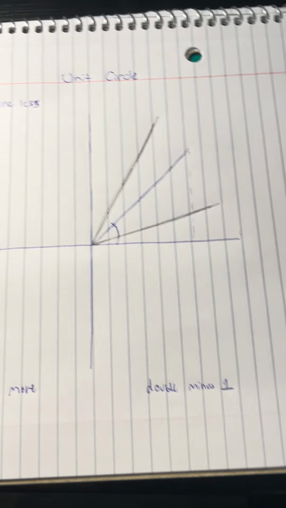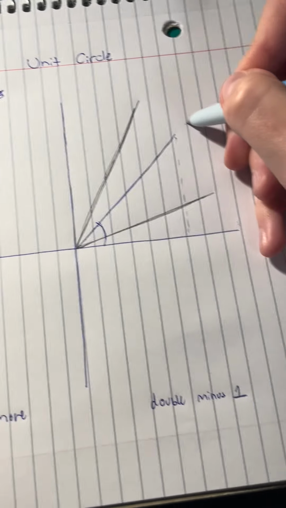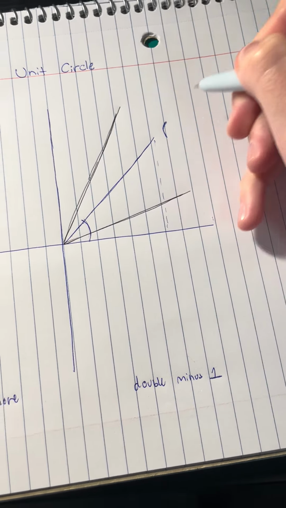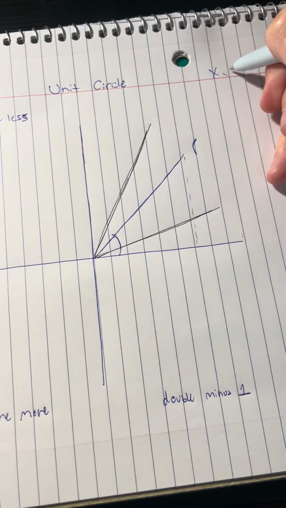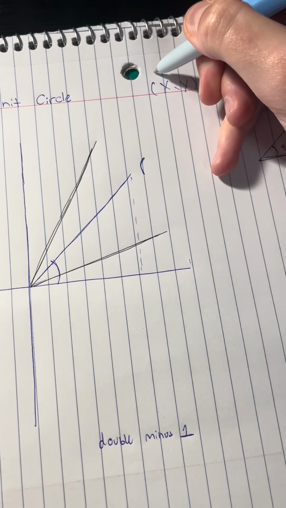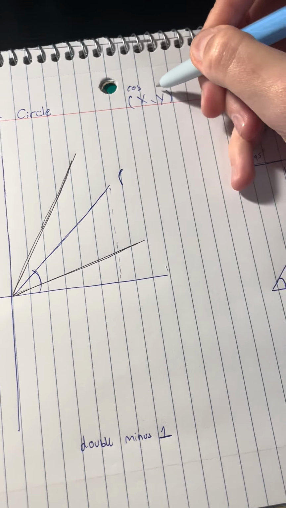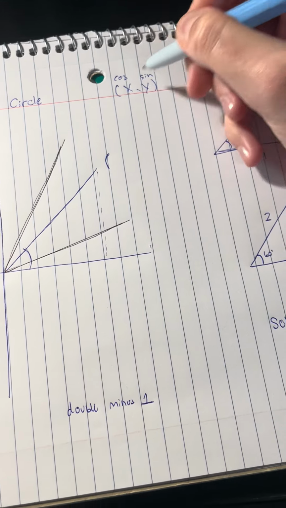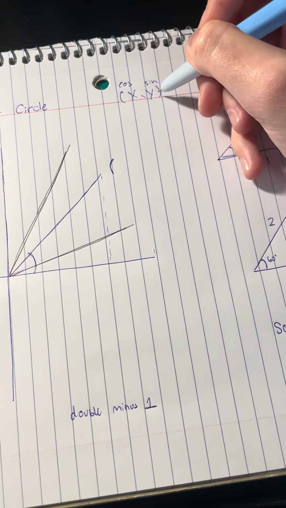So the way these values work is it's x and y, just like regular, but the x is going to be cosine and the y is going to be sine. So x is cosine values, y is sine values.